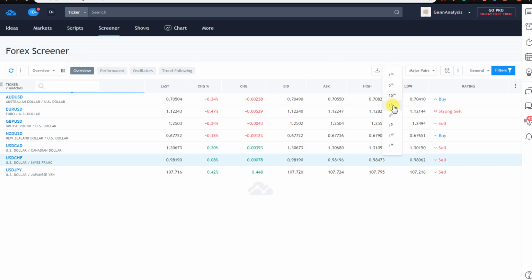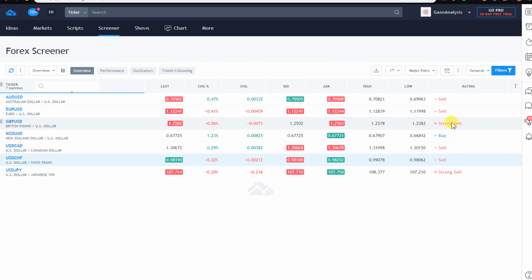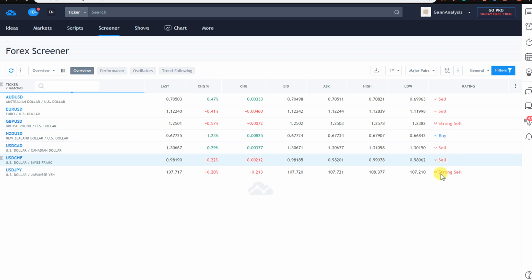If you go to the weekly, the Aussie still has a buy, and everything else has a sell. Some have a stronger sell. And then if you go to the monthly, everything's a sell.